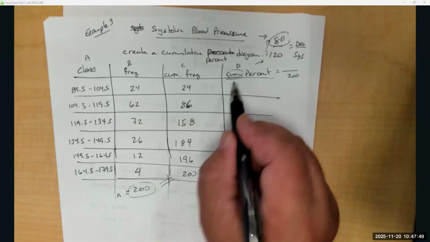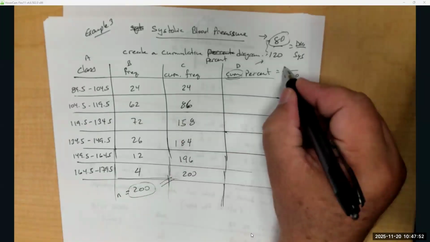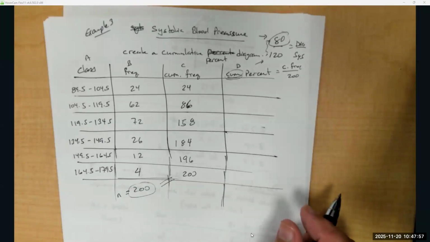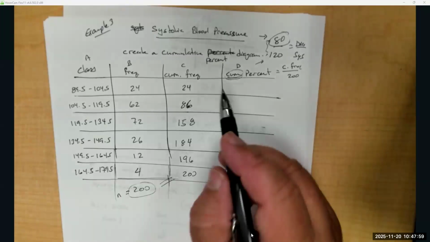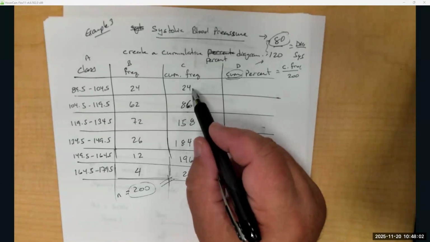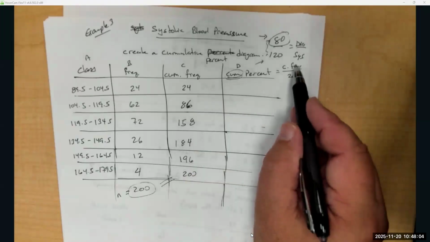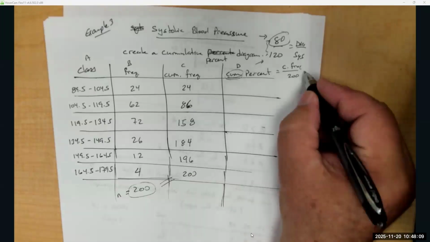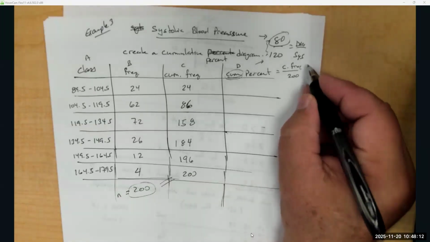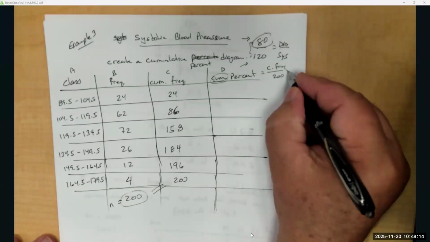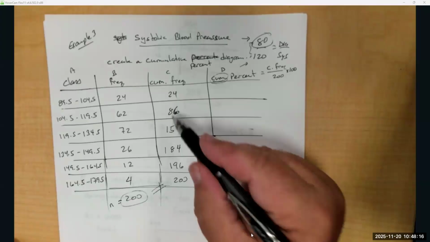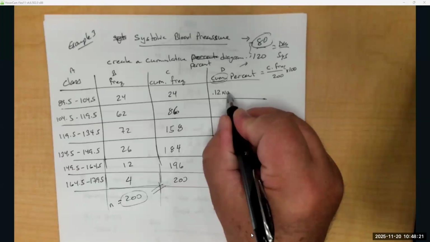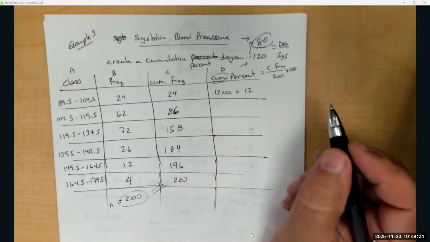Since it's cumulative, we look at these. So it's the cumulative frequency divided by N, times 100, of course, because it's a percent. 24 divided by 200 is 0.12, times 100 makes it 12. So that's 12%.